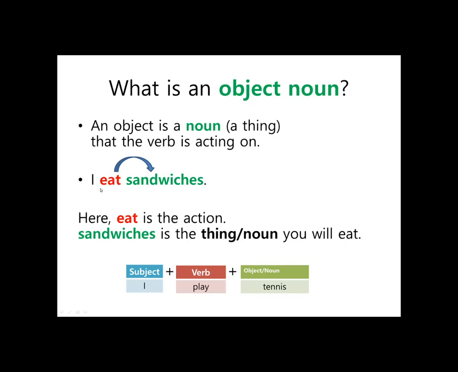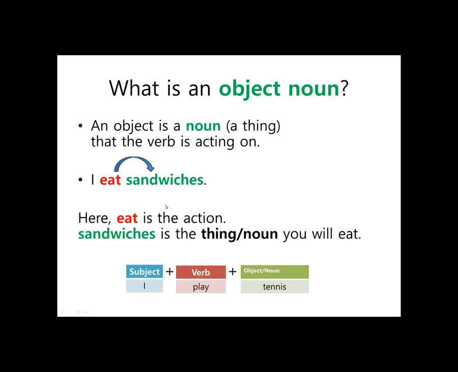Here we have: I eat sandwiches. What do I eat? I eat sandwiches. This is a transitive verb. Here, eat is the action, and sandwiches is the thing, the noun you eat. So we call this noun an object noun.